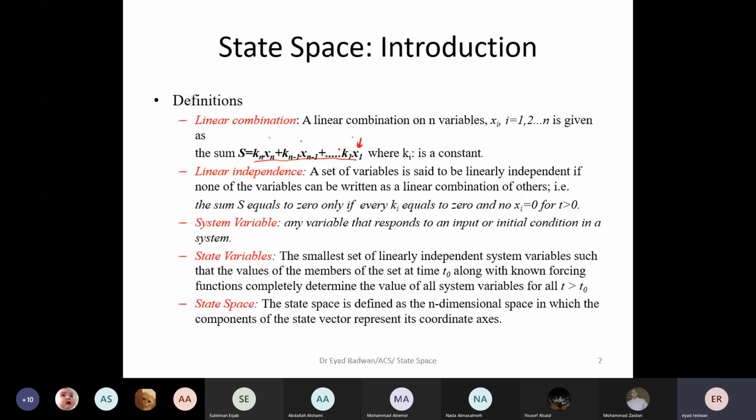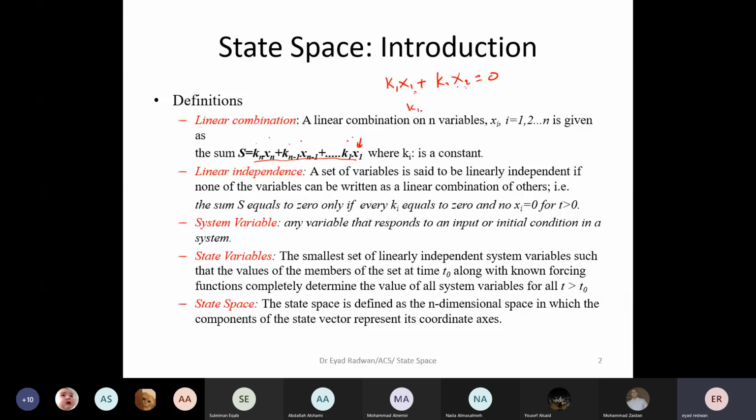For example, k1 x1 plus k2 x2 will equal 0 only if k1 and k2 are 0, if they are linearly independent. In other words, x1 or x2 cannot be written as a function of each other. This equation will not equal 0 unless k1 and k2 are equal to 0.